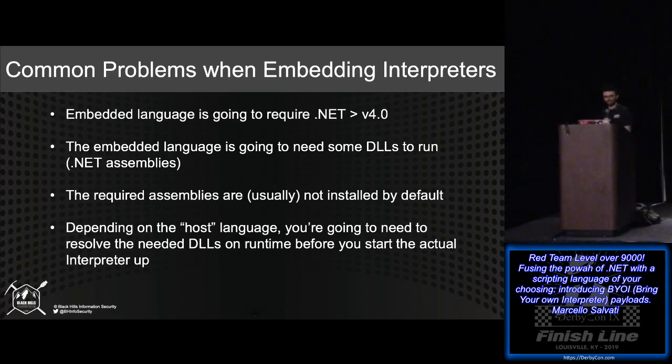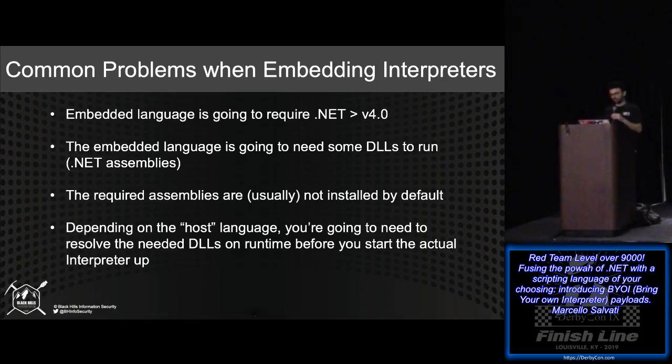So that's a problem we're going to need to solve. And also, you are going to need to resolve those at runtime. When you start up your PowerShell script that embeds the BooLang compiler, you're going to somehow need to tell PowerShell, hey, the DLLs that you need are here, right? And there are ways of doing that.